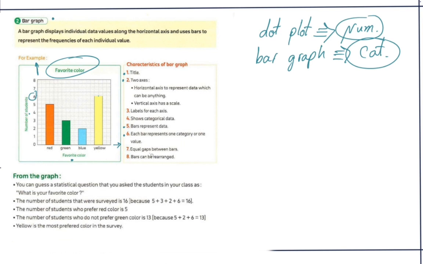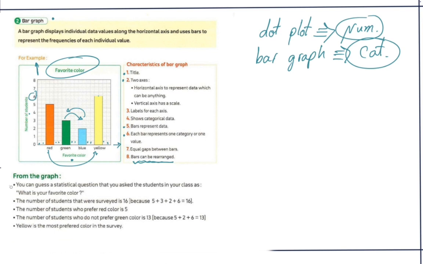Equal gaps between bars. You see, he left a gap here, here, here, and so on. It must be equal. Bars can be rearranged. What does this mean? That means I can put yellow here and red here, or green here and blue instead of it, and so on. It's okay, the same.